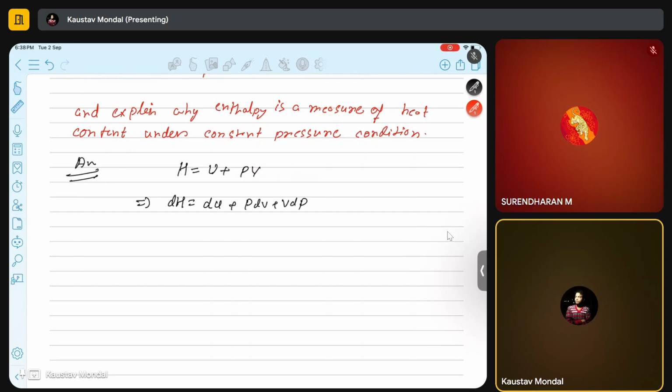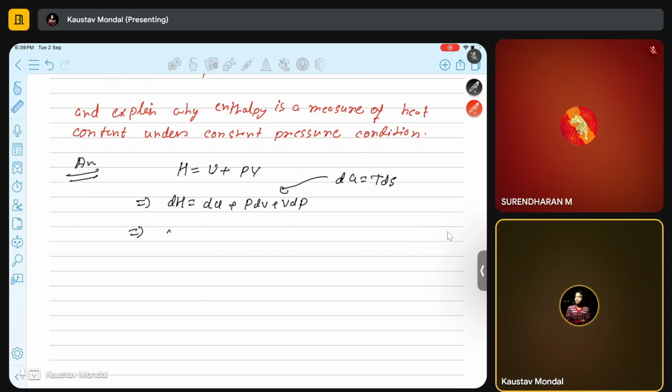Now we already know the expression of dU, which is basically TdS at constant pressure, right? So we will simply substitute it here.